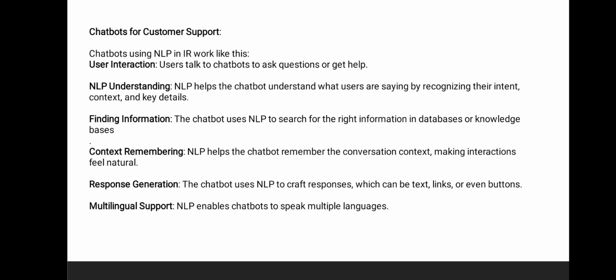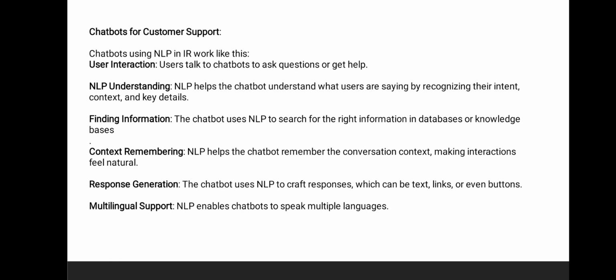So we understand how NLP helps in information retrieval by considering the example of a chatbot. Before that, we understand how a chatbot actually helps. Here are five or six main steps we conduct while interacting with a chatbot. User interaction: the user talks to the chatbot to ask a question or get help.